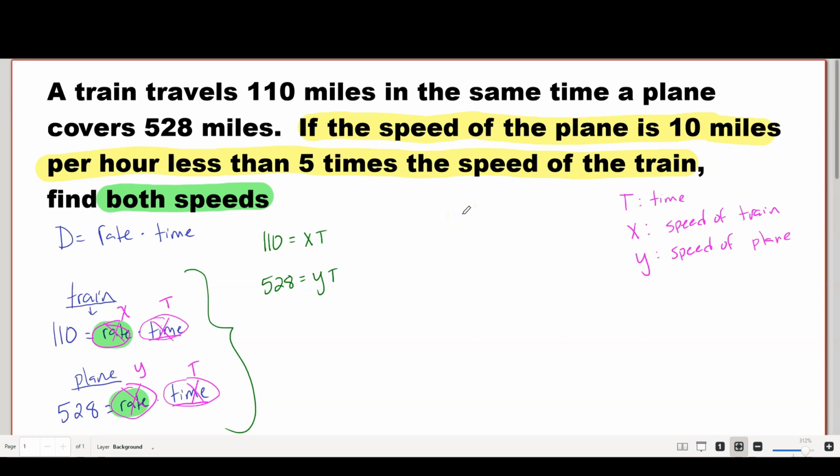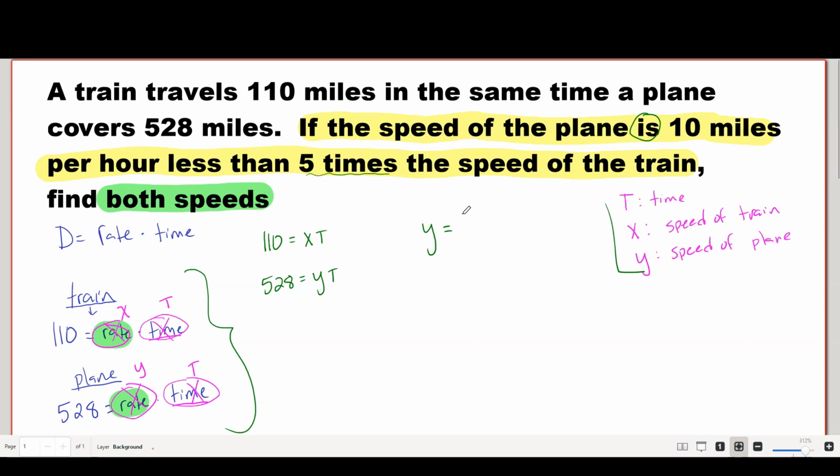So the speed of the plane, it says the speed of the plane is, okay, that keyword usually translates to an equals, right? Because you're saying something is something else, and that's usually a sign of equality. So the speed of the plane is y, in our variables here. So we're going to say y equals 10 miles per hour less than 5 times the speed of the train.